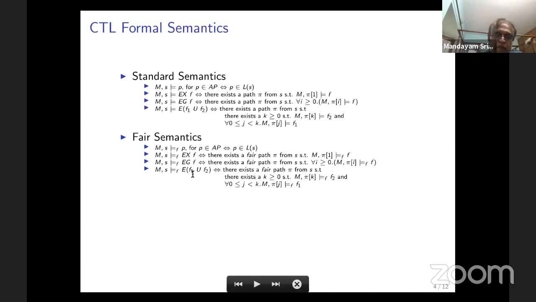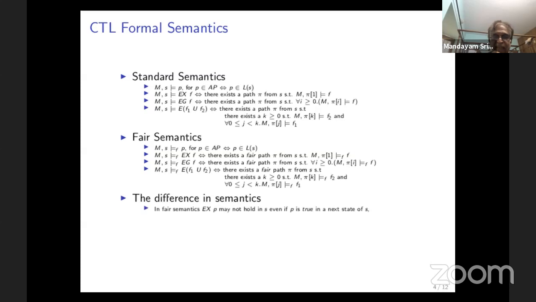F1, F2 has to hold fairly. At some point, and up to that point, in every state on that path, the formula F1 has to hold in a fair fashion.